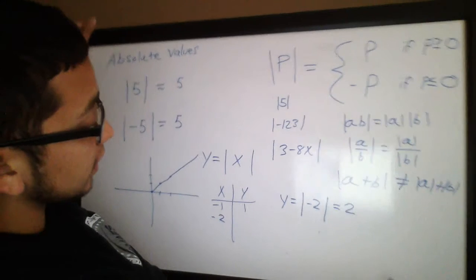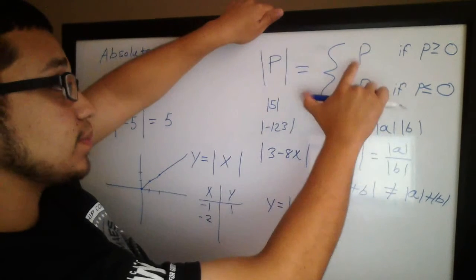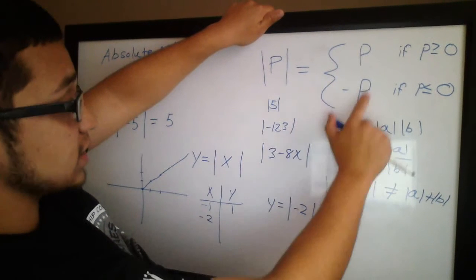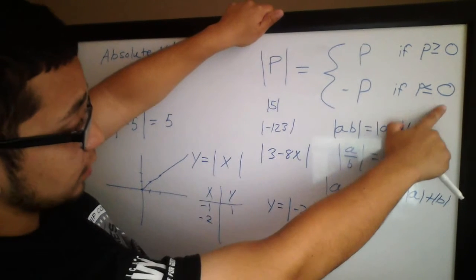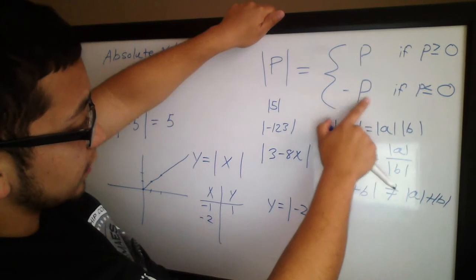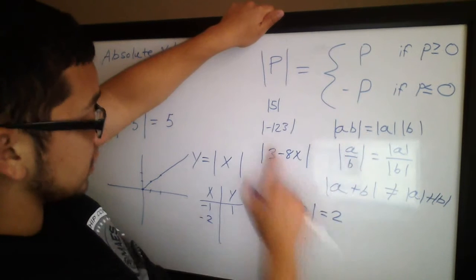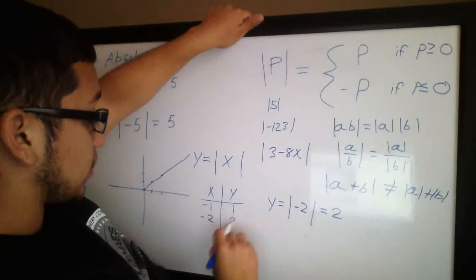Again, in our case here, this p would be -2. And since -2 is less than 0, we need to multiply it by a negative. So we would have a -2 times a negative gives us a +2.